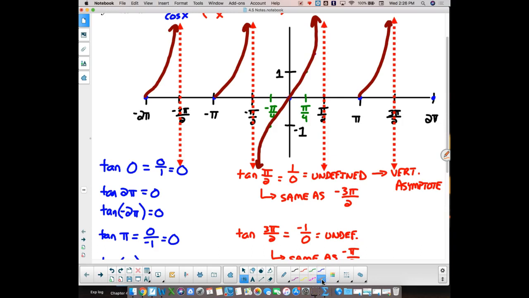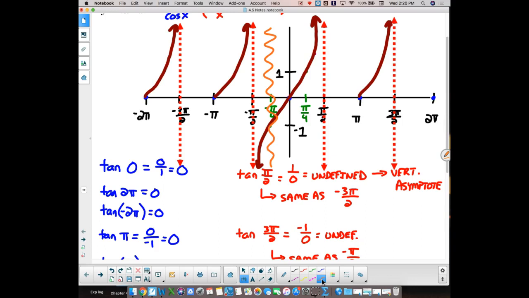This is which quadrant? Which quadrant is that? It's quadrant 4.